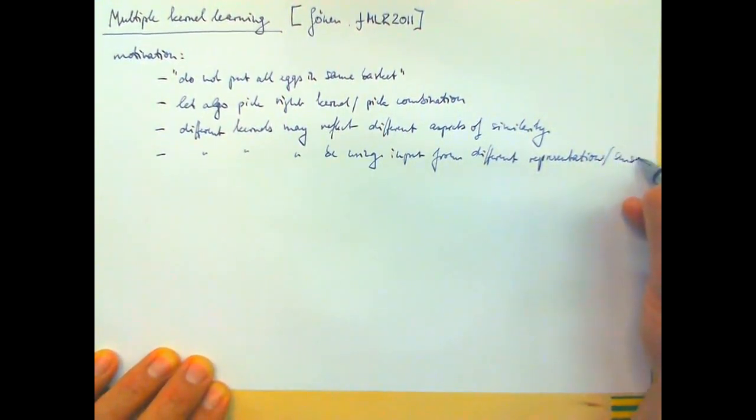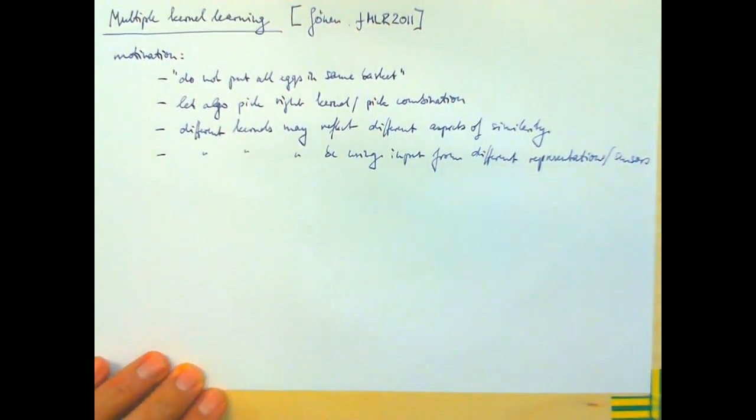So let's say, for example, that you want to build a speech recognition system, and one that uses not just a microphone but also a camera. Then you'll have people saying one or other things, and on the one hand there will be the camera, and on the other hand there will be the microphone input, and you may want to use separate kernels for the images and for the voice signal that you have recorded.